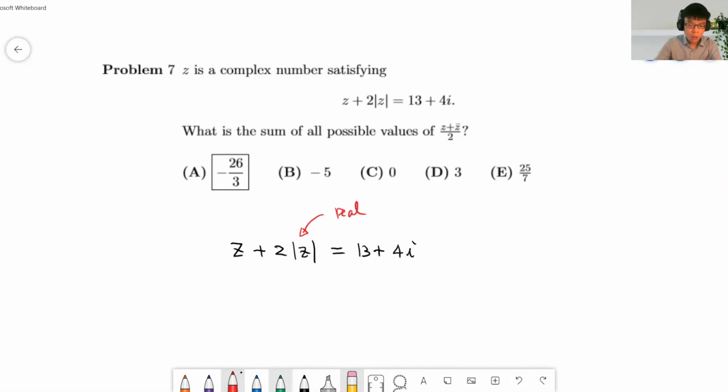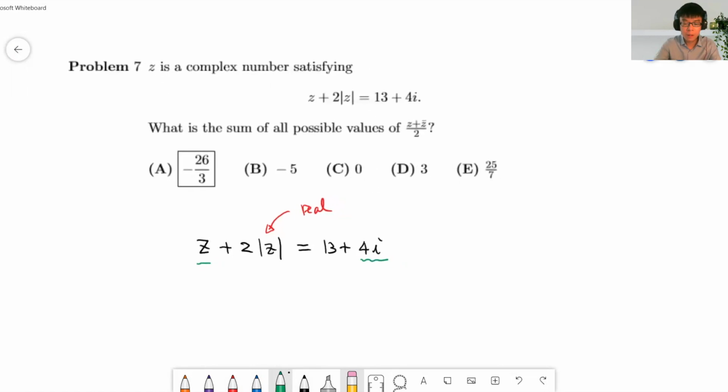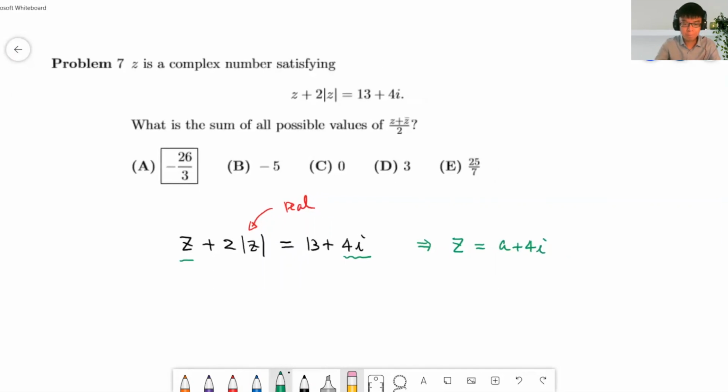So if there's any imaginary part, it comes from z. On the right-hand side, the imaginary part of 13 plus 4i is 4. So we can set z equals a plus 4i, because we are sure the imaginary part is 4.